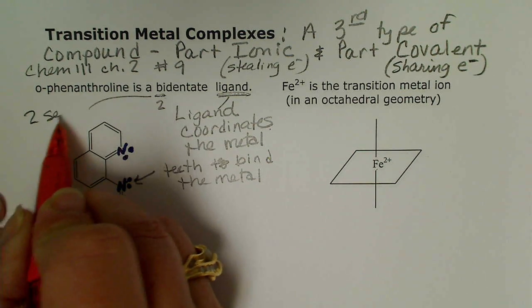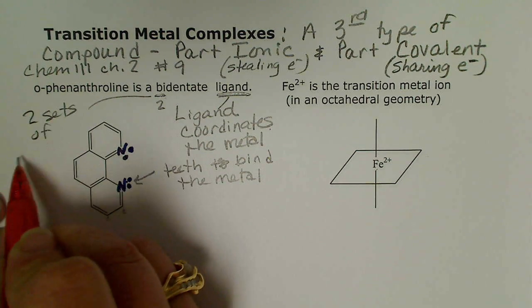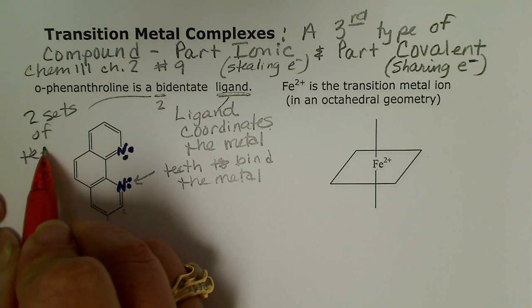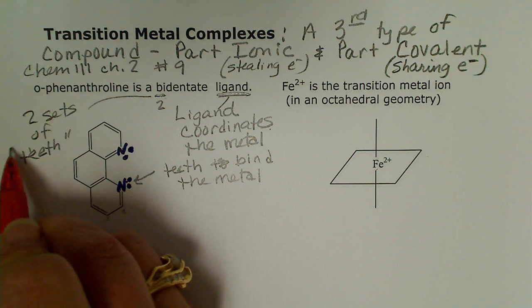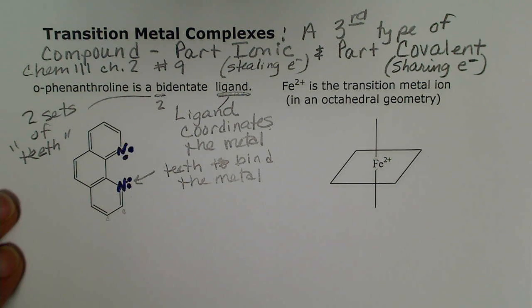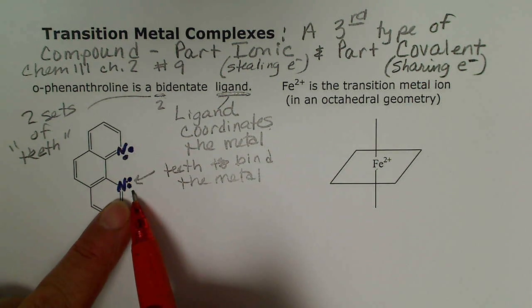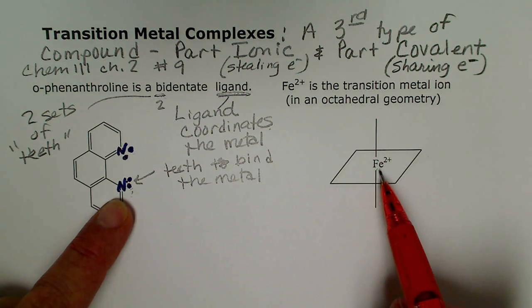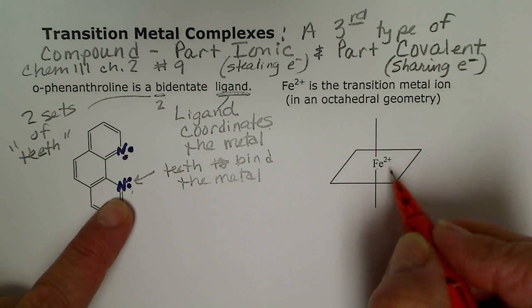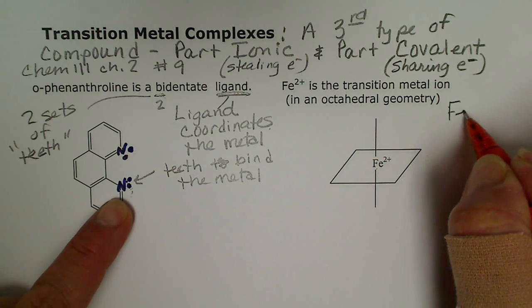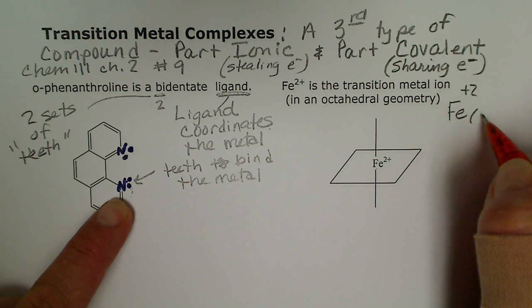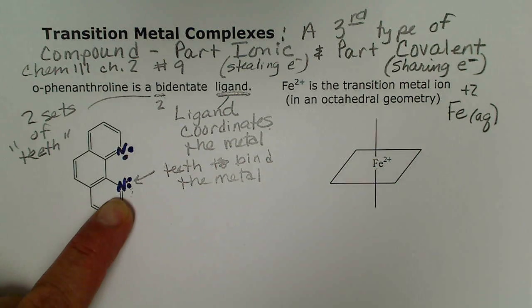There's 2 sets of, and I'm going to put teeth in quotes because, of course, they're not really teeth, but anything that has a negative charge, like a pair of electrons, will be attracted to this metal ion that's in solution. So we're considering iron +2 in the aqueous form.